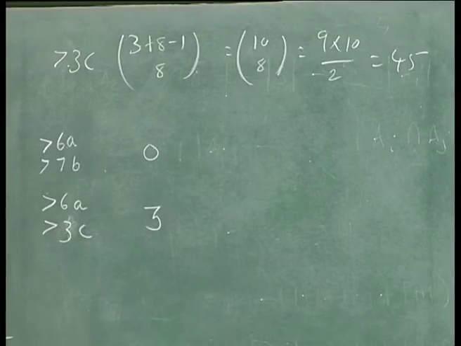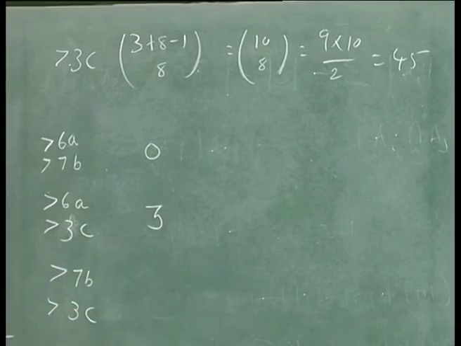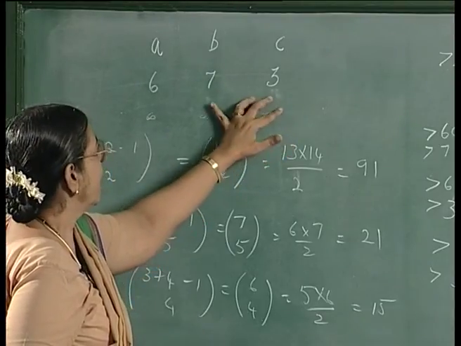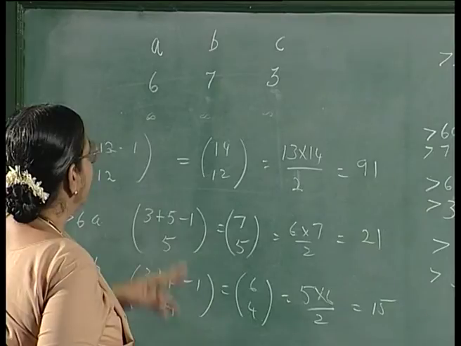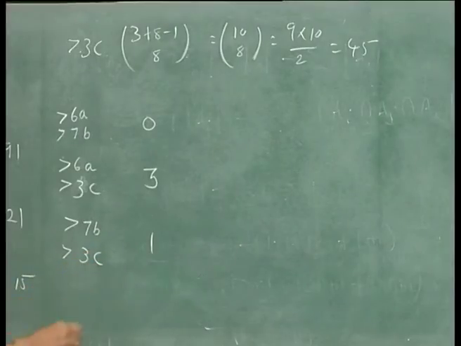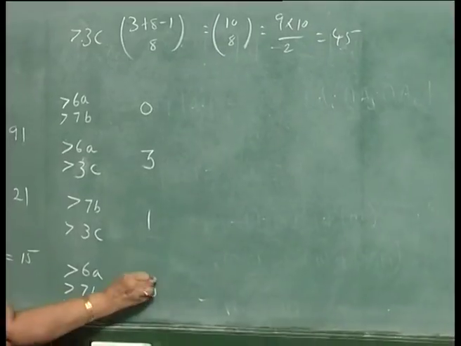Now, if I select more than 7 B and more than 3 C, that is I have already selected 8 B's and 4 C's, 12 elements I have already selected. So, I cannot select any more A's. So, this can be done only in one way, and there is no way you can select more than 6 A, more than 7 B and more than 3 C, this is 0.